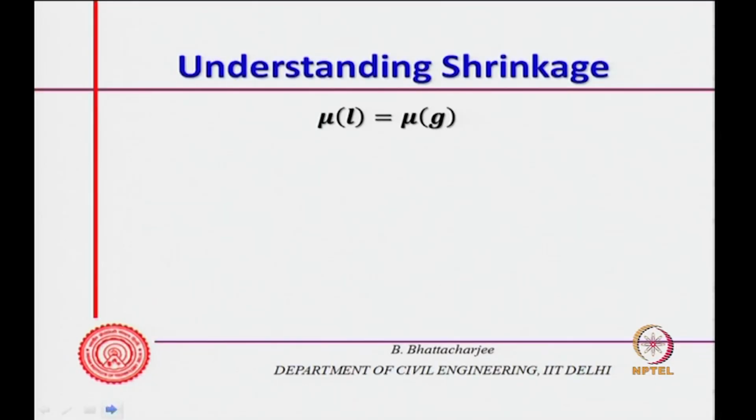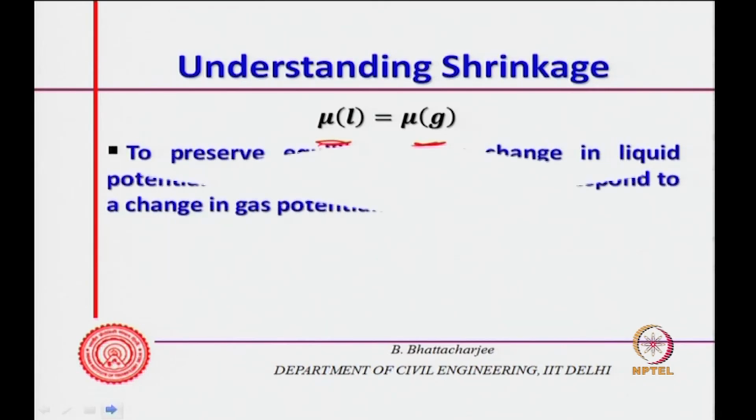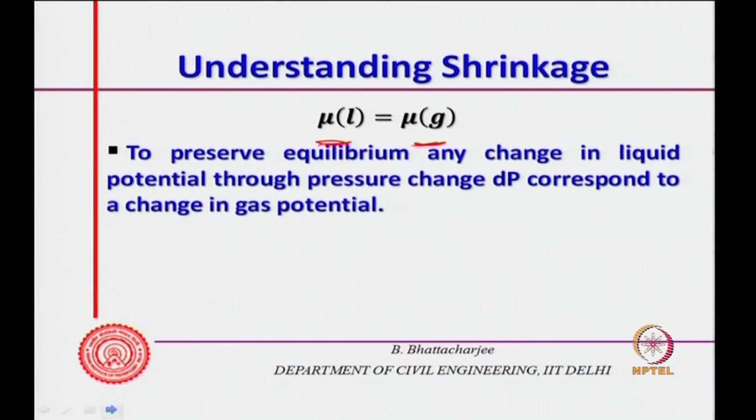So, if I write chemical potential mu L of the liquid, it must equal mu G at equilibrium, and if I have to preserve this equilibrium, any change in liquid potential through pressure change dP must correspond to a change in gas potential. So, when I have applied pressure dP to the liquid, the liquid potential changed and correspondingly the gas potential must also have changed, otherwise there would be no equilibrium.